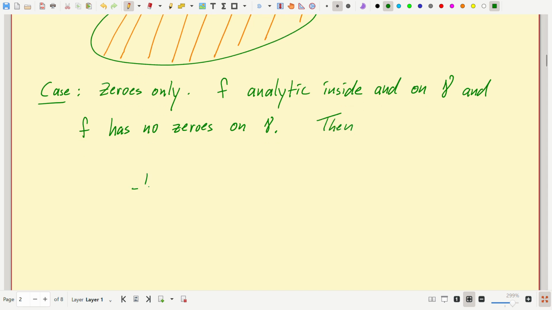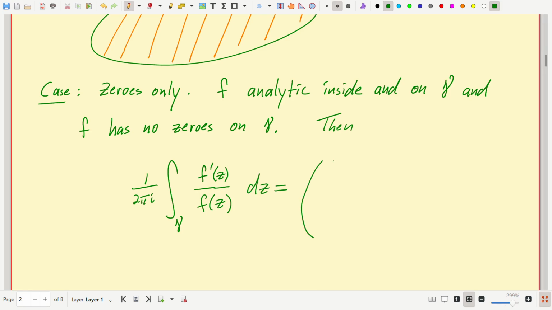Then 1 over 2 pi i times the integral around gamma of f prime over f is equal to the number of zeros of f inside gamma.